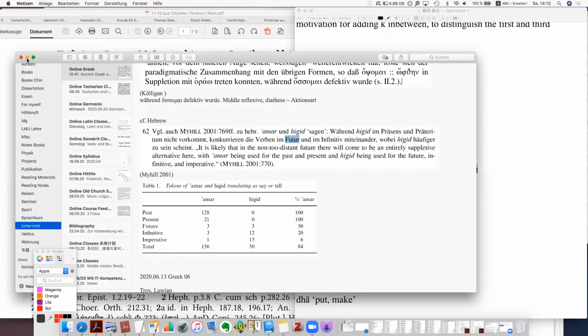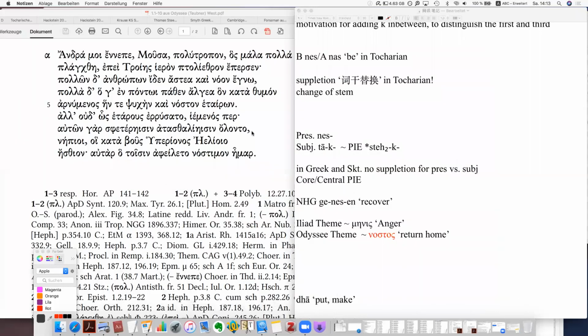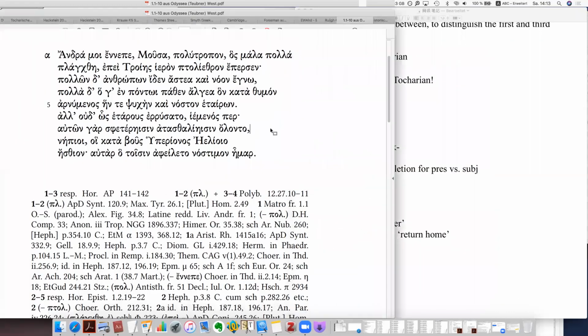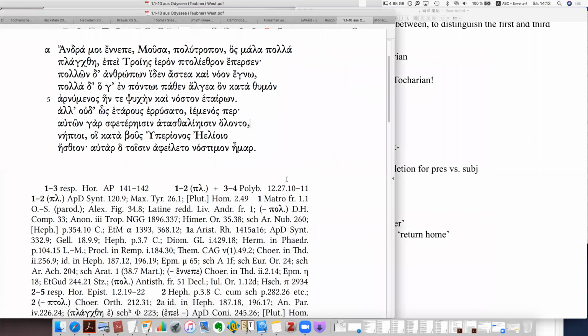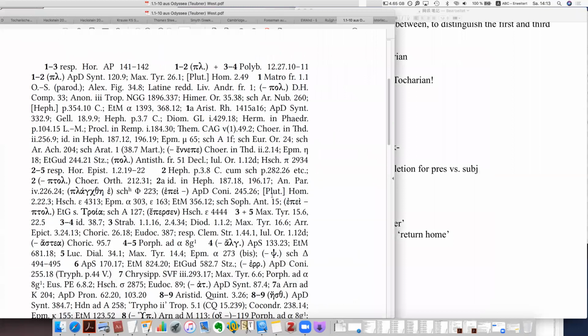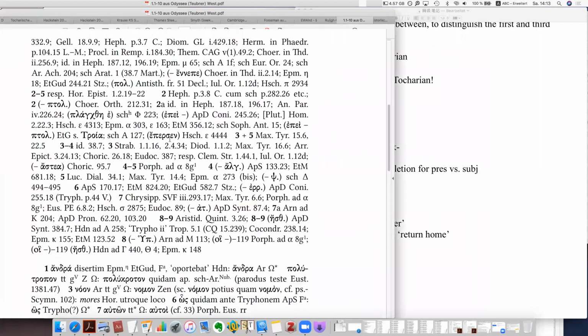Okay, so I think we can probably start reading. This is the critical edition by Martin West. You see this is three parts.